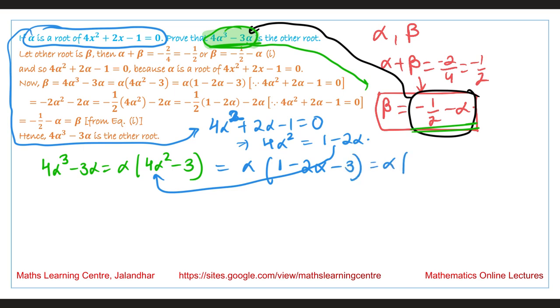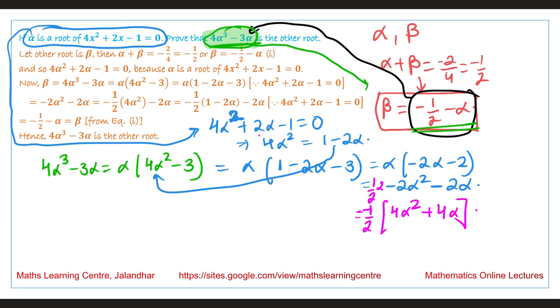So this is equal to α(−2α − 2), which is equal to −2α² − 2α. Now if we multiply and divide this by 2, we take the minus sign common, and we are left with −(1/2)(4α² + 4α).